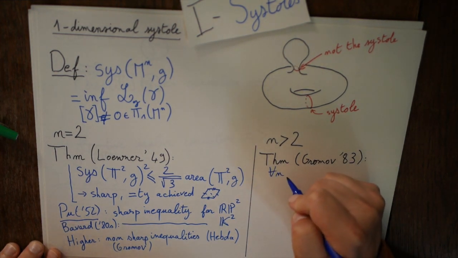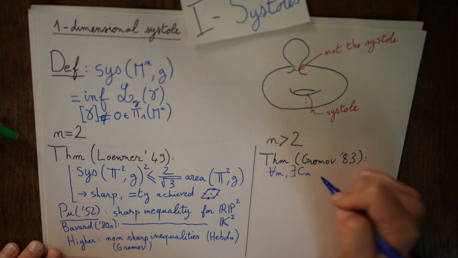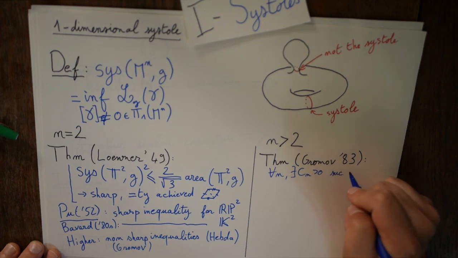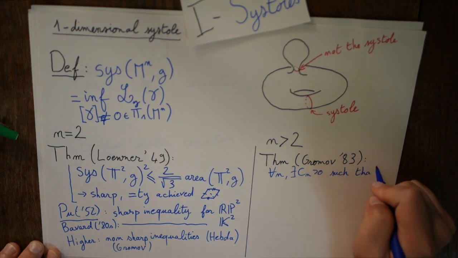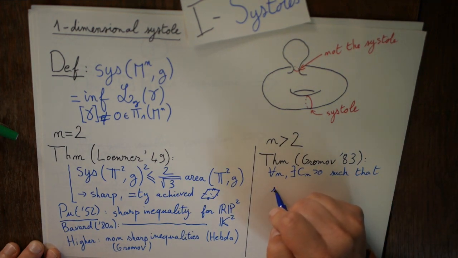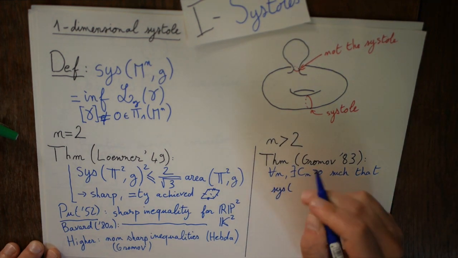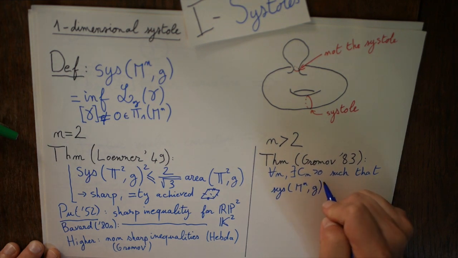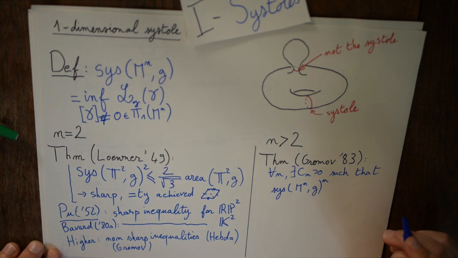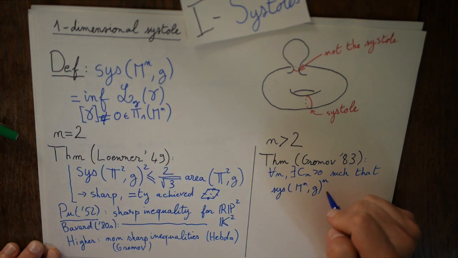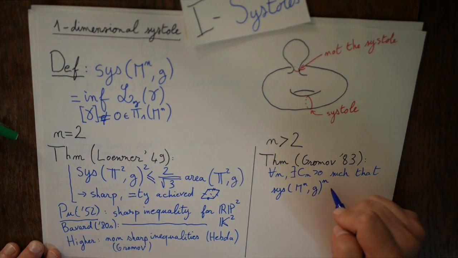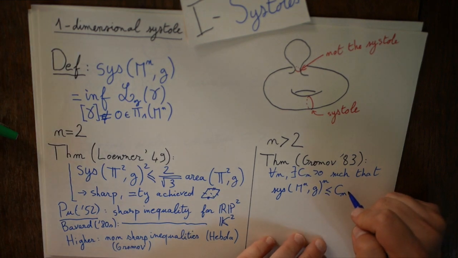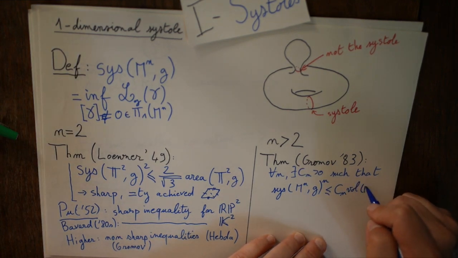For any dimension n, there exists a positive constant C_n such that if I take the systole of a manifold M^n to the power n, then this will be less than C_n times the n-dimensional volume of M^n.